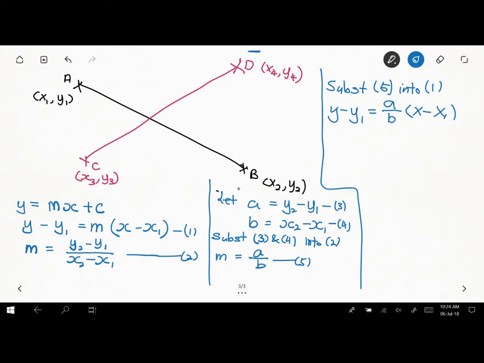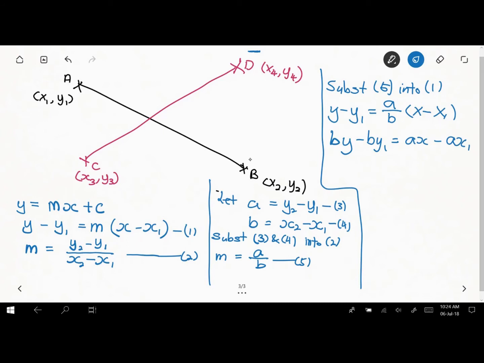Let's rearrange this whole thing by taking B up. So we have by minus by1 equals ax minus ax1.